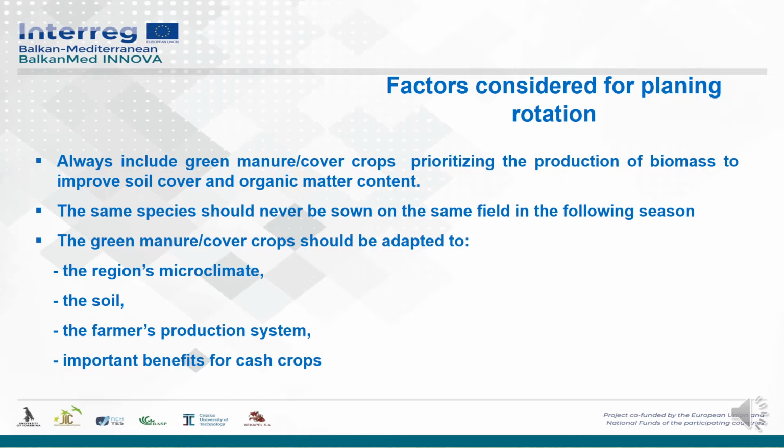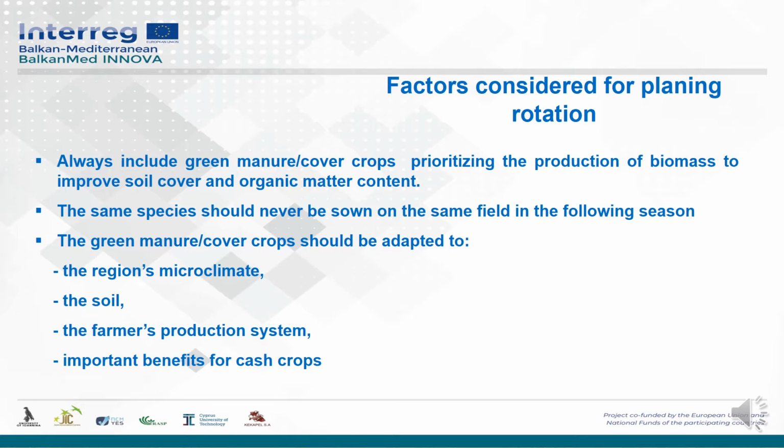The same species should never be sown on the same field in the following season. And you know, we spoke in the previous part about monocropping and monoculture. The green manure and cover crops should be adapted to the region's microclimate.